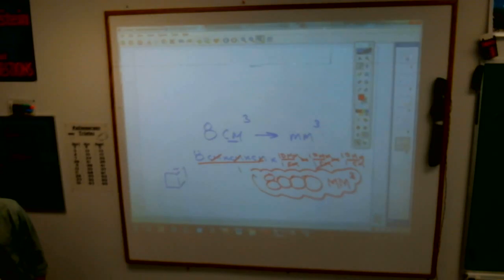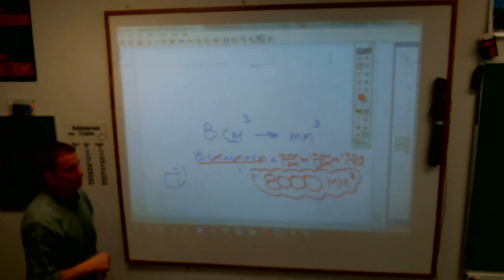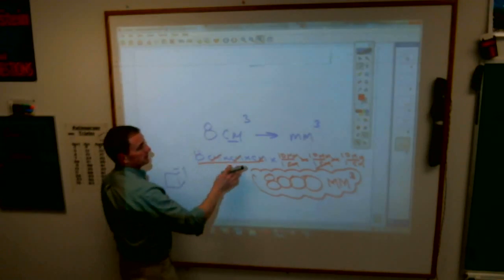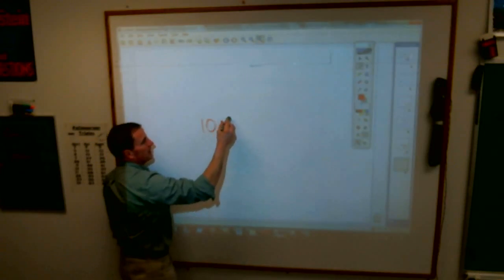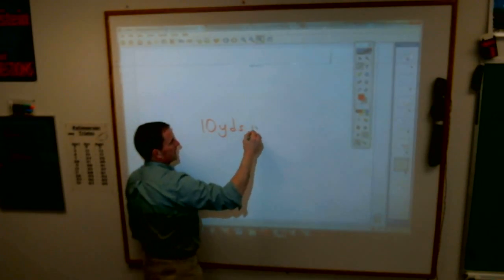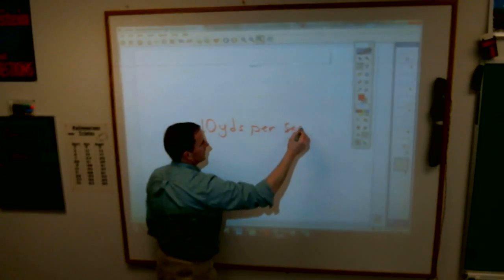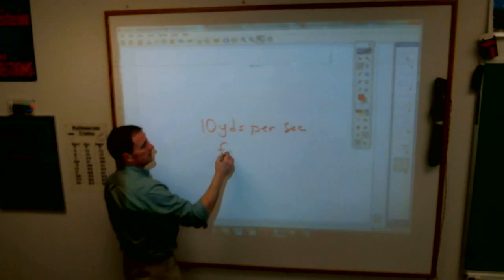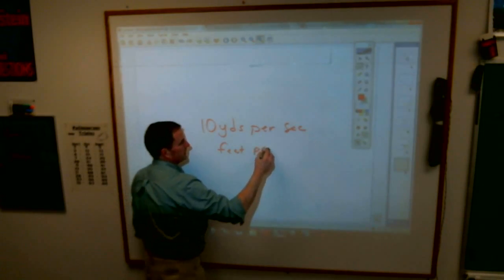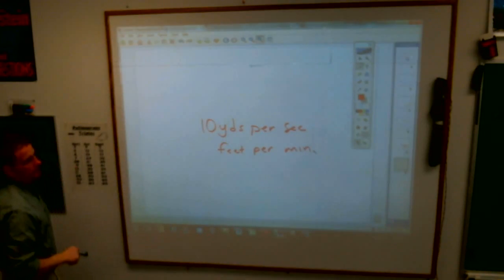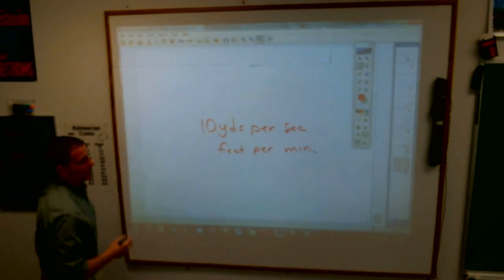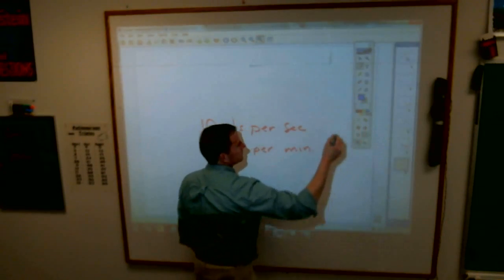Here's another one. 10 yards per second to feet per minute. This has nothing to do with volume, but this is still 10 yards per second, and I want to change it into feet per minute.